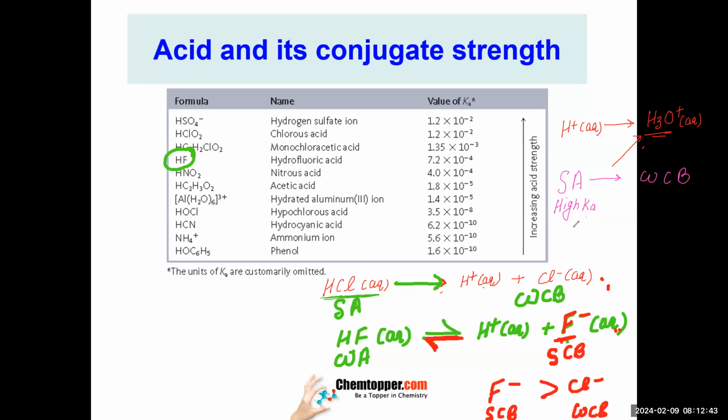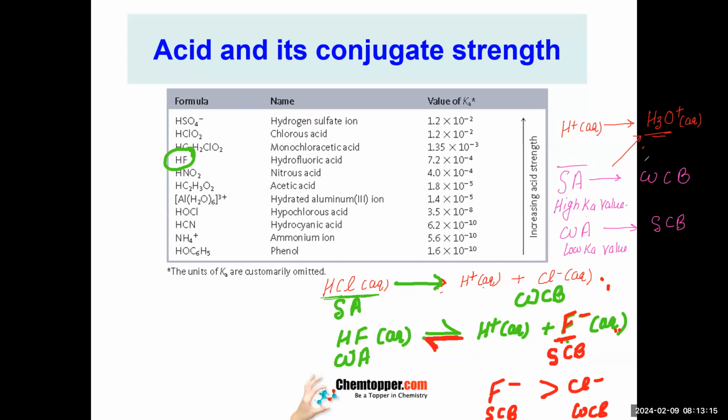Second is, if there is a weak acid, then it will give you a strong conjugate base. Weak acid means low Ka value. The magnitude of the equilibrium constant can tell you what is dominating, the products or reactants.